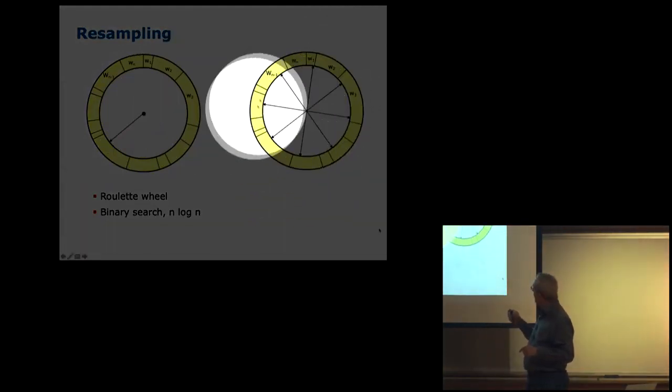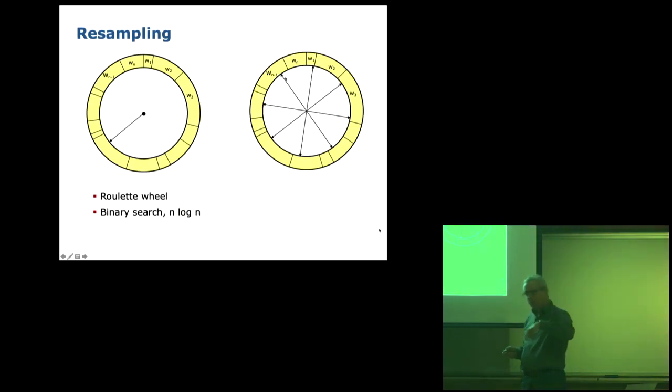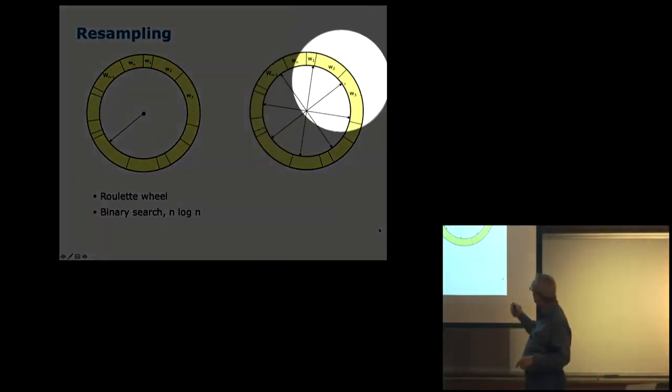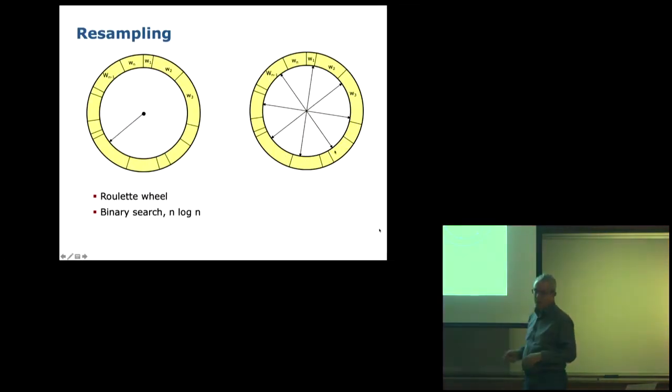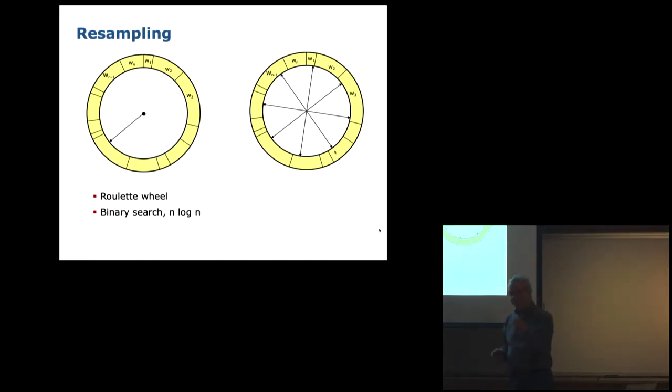And we do this n times. Wherever we step, the particle in whose bin we land is the one that we keep. And my argument is that this operation can be done faster than log n per particle.